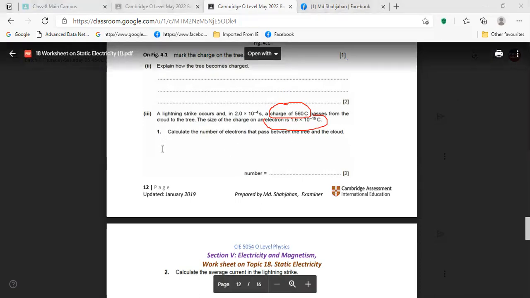So how will you write it? This way, the unitary method.